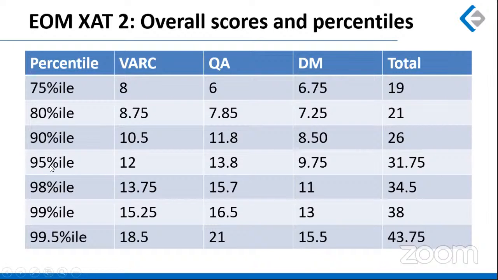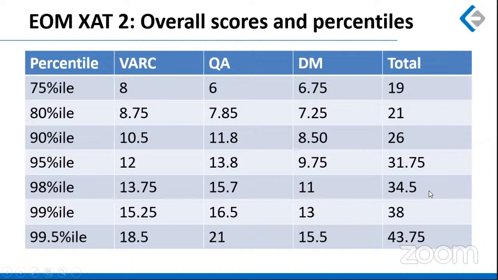Now between these two, 90 and 95, there is one important milestone which is 94, I can say, which is the approximate cutoff for XLRI HR course. So that you can consider at somewhere around 30 to 30.5 marks. 98 percentile, 34.5. Now, once again, between 95 and 98, we have one important milestone, which is 96 percentile.